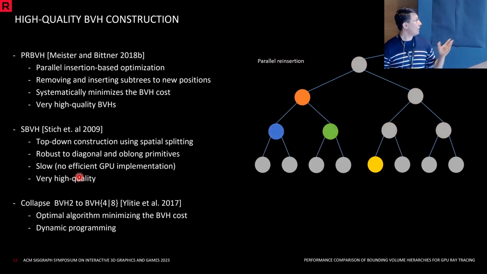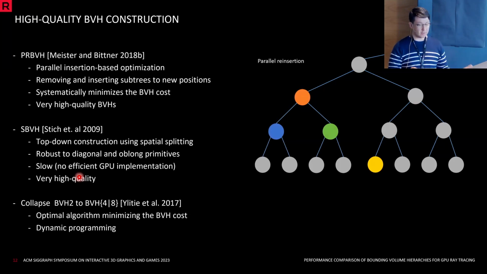The last category is high quality BVH, where we really aim at the highest possible quality, the highest possible acceleration. There are two algorithms. One is PRBVH, parallel reinsertion, which is a parallel version of insertion-based optimization.